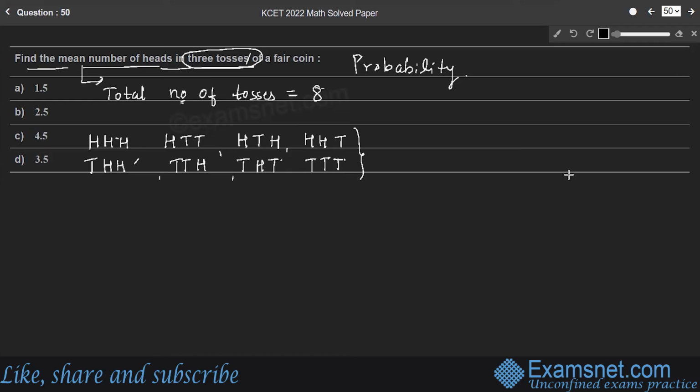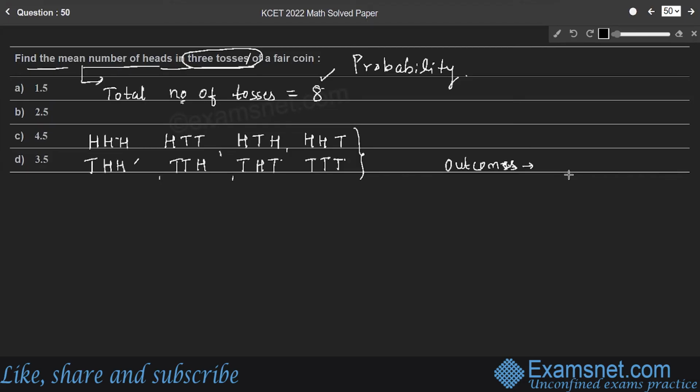So first we have to consider the probability of getting one of the faces as head. For that, we'll consider the outcomes. In probability, we need outcomes, which are nothing but the number of heads you will get.